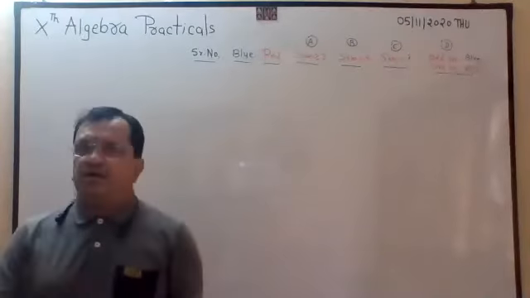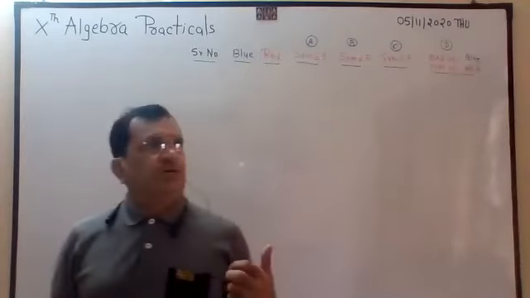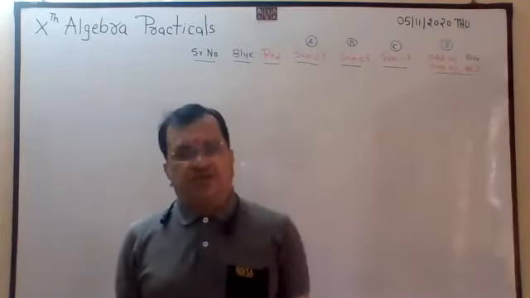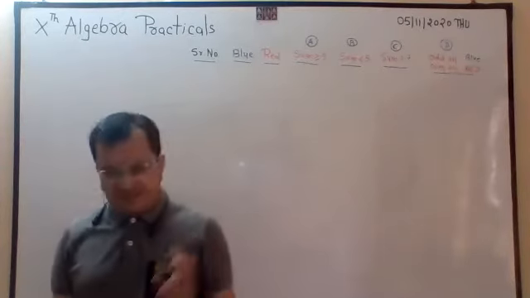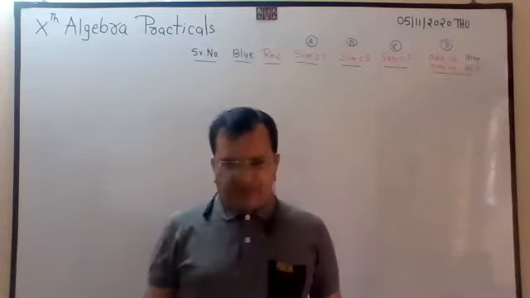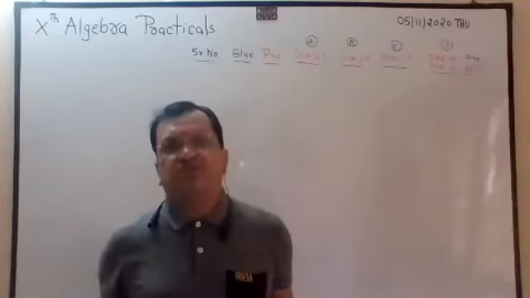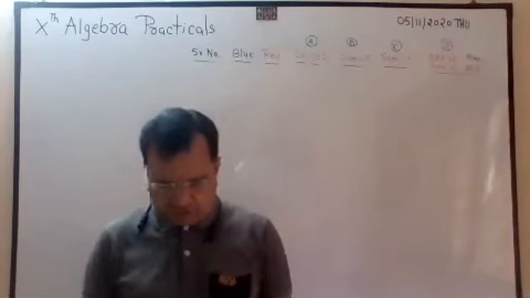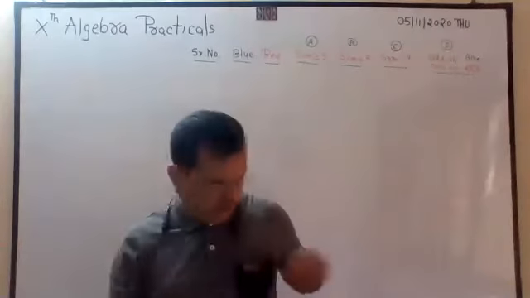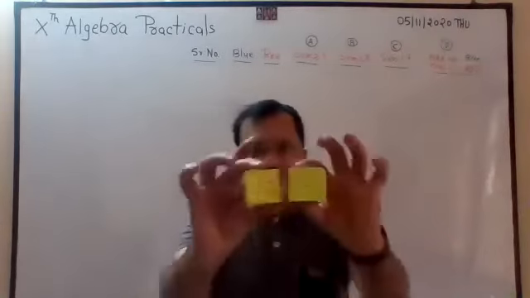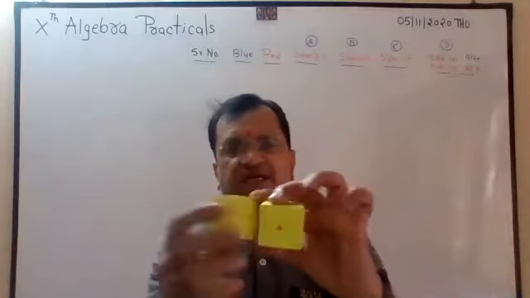Students, good morning. In algebra, first part, one practical with two dice remains. By playing with two dice, we have to note down the 36 sample space. I've given the pairs, first and second.